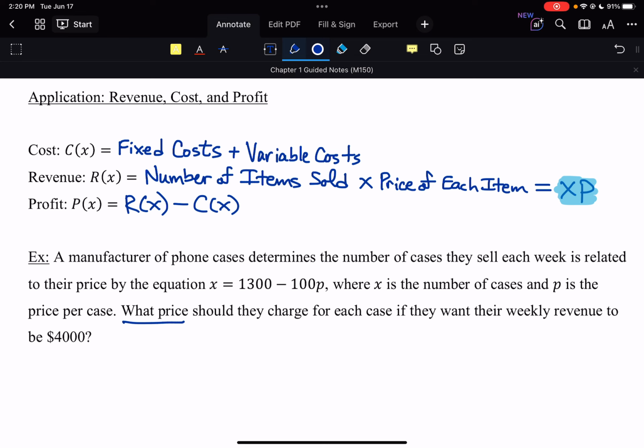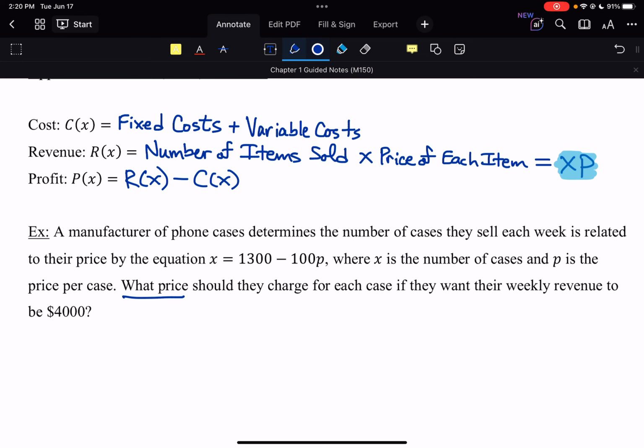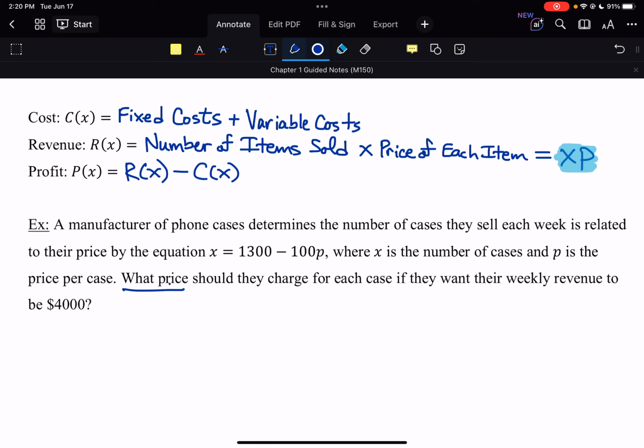Okay, so they want revenue to be $4,000, and it's asking us about the price, right? How much should they be charging if they want to make $4,000 a week in revenue? Well, revenue is X times P, right? It's the number of items sold times the price. We don't know the price, but we do know that the number of cases that they sell is given by this formula.